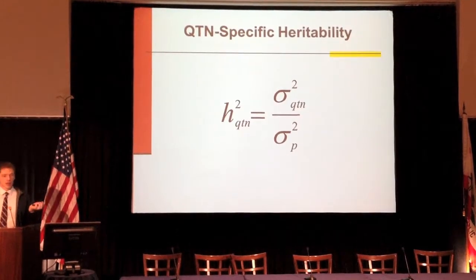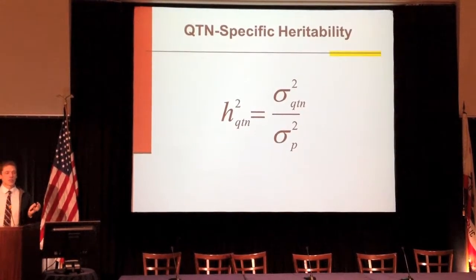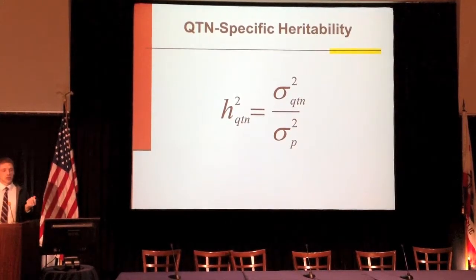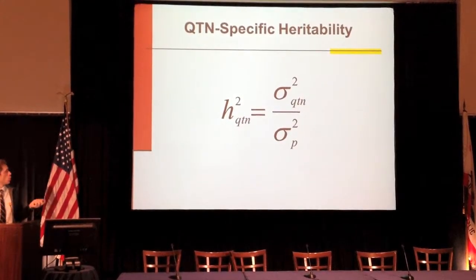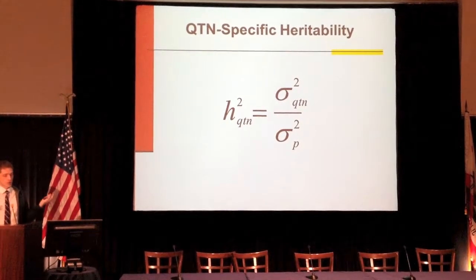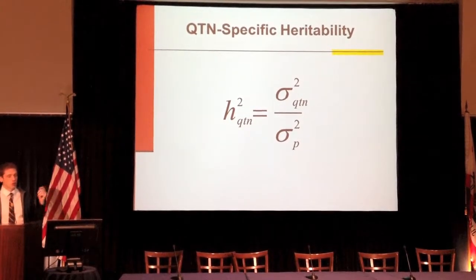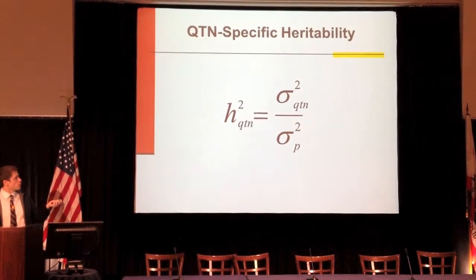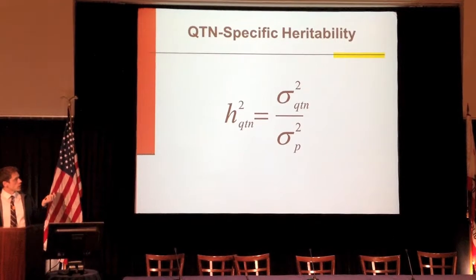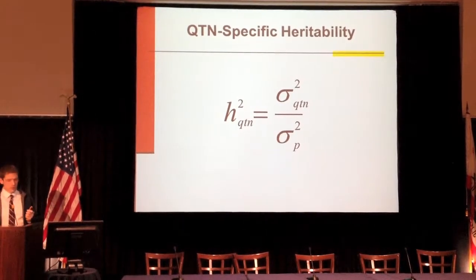So GWAS analysis measures QTN, or quantitative trait nucleotide-specific heritability, H squared QTN. That's how they measure the power of association, what powers those Manhattan plots: the variance explained by this QTN over the total variance.